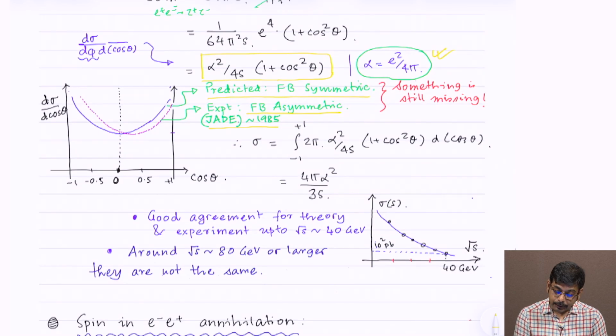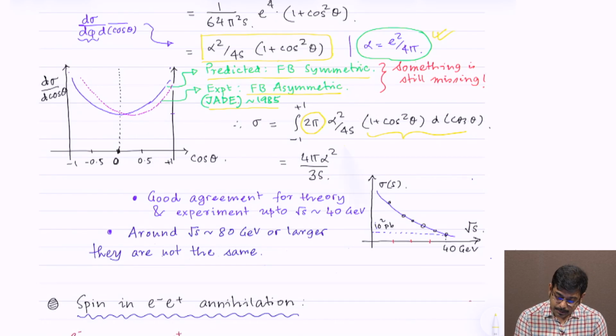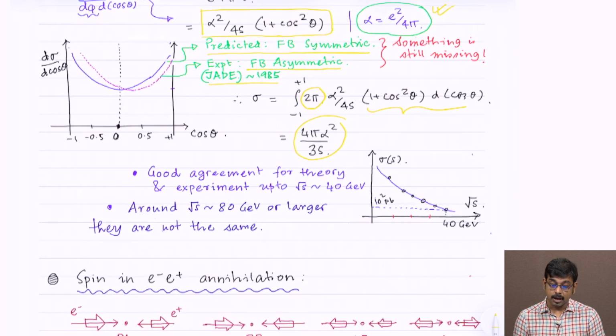But on the other hand, if you find the total cross section, just because this is 1 + cos²θ, the d cosθ integration is trivial, and there is no φ dependence, so dφ becomes 2π. You simply see that the cross section turns out to be 4πα²/3s, and this cross section is in good agreement with the theory up to a center of mass energy of 40 GeV.